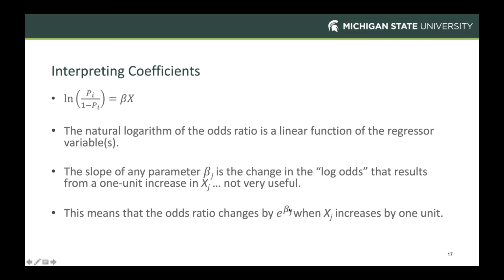And that's going to give us a practical sense of what the impacts of that variable are on that outcome actually occurring, okay? So the exponential of beta for any specific variable, we'll just denote it as x sub j in this case. As x sub j increases by 1 unit, we're going to see an e to the beta j increase in the odds of that event occurring, okay?